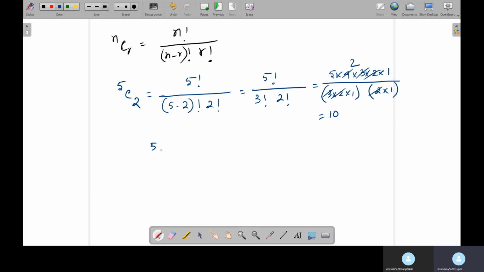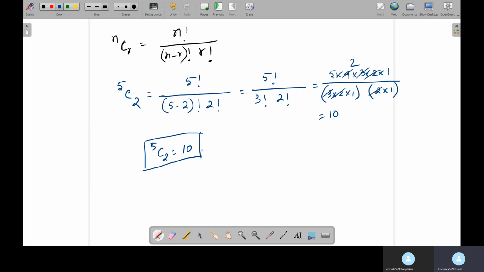So my 5C2 will be 10. Okay? So this is the way to find how nCr is working.